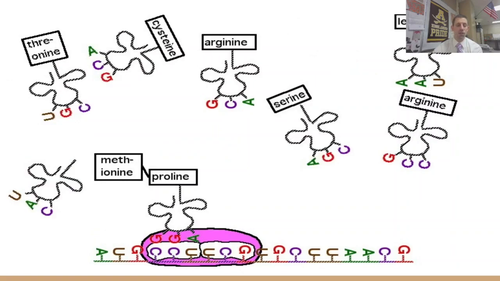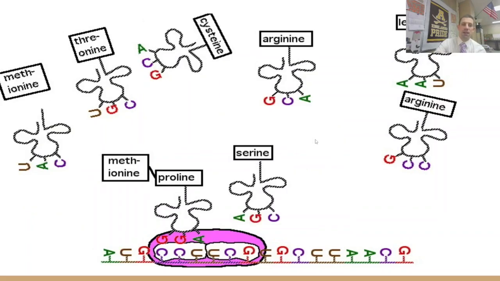Now take note that the tRNA shown over here has broken free. It doesn't need to hold on to the methionine anymore because methionine has been bonded through that peptide bond to proline. This tRNA is going to move out and pick up another methionine. Meanwhile, serine is coming in with its corresponding anticodon.